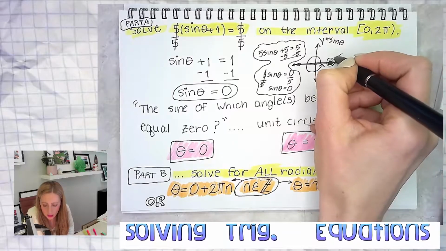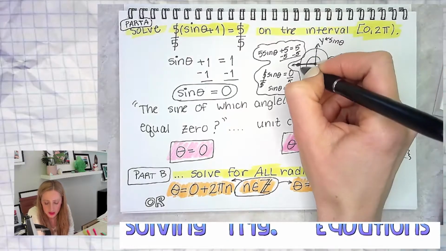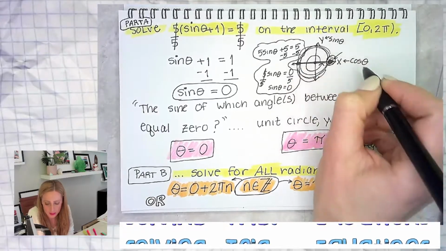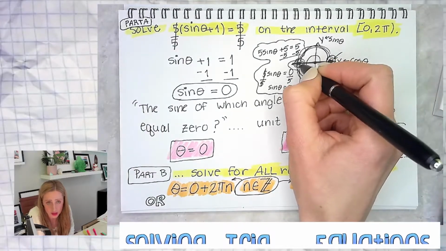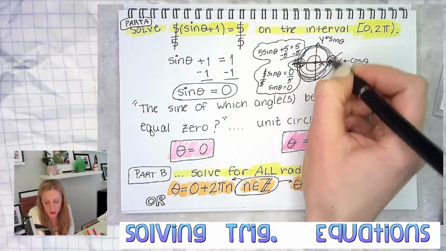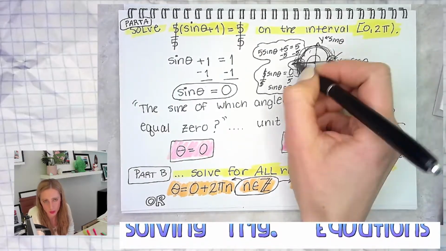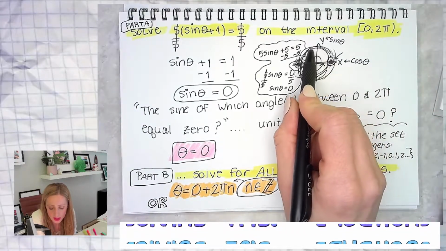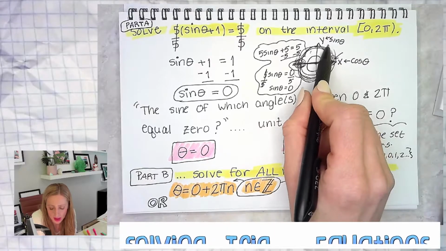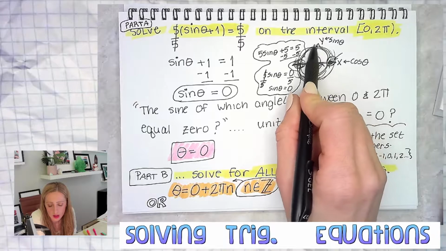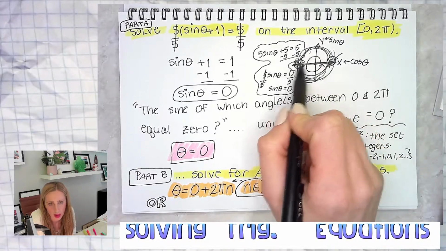I could say, all right, I want everything here and everything that overlaps, either that way or that way. But I also want everything here and everything that overlaps it again, or this way, overlap, coterminal. How far apart is this going this way to get here? How far apart in angles, in radians, is it from 0 to pi?